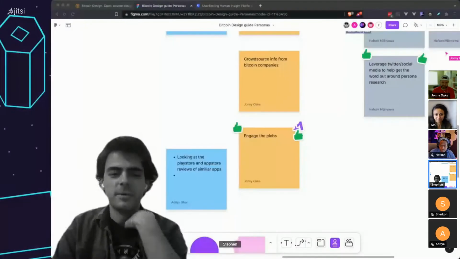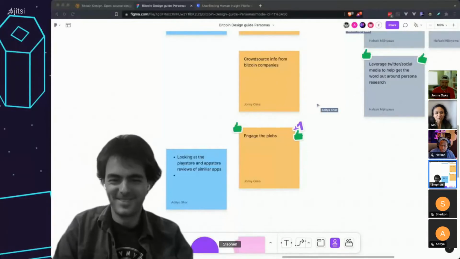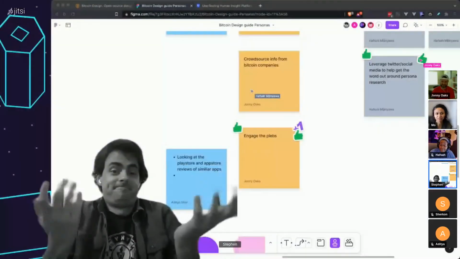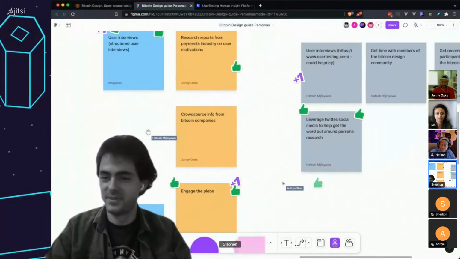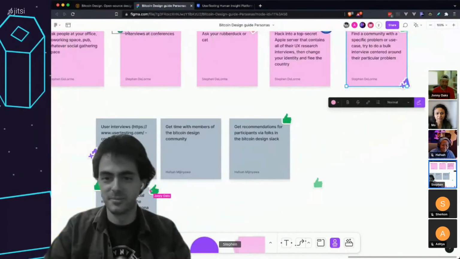Is there any limit on number of votes we get? Oh, good question. How many votes is it normally, Stephen? Is it 4? I don't know what normal is. I was just wondering. Maybe we go for 4 votes per person.